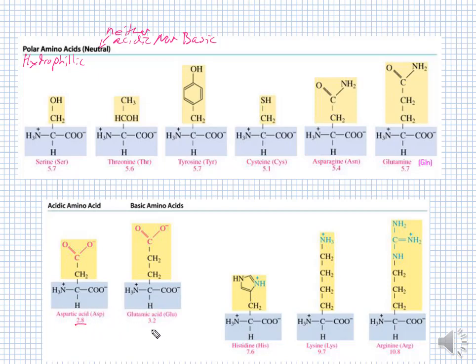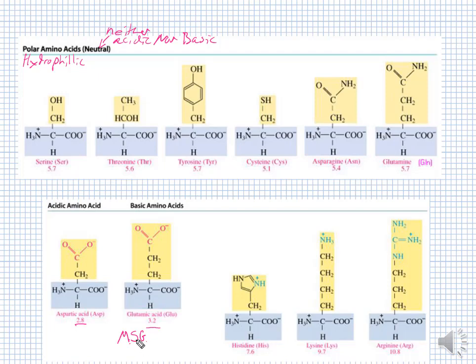We have two of those, aspartic acid and glutamic acid. So essentially for aspartic acid, we have an acetic acid molecule as a side chain. For glutamic acid, we have a propionic or propanoic acid side chain, a 3-carbon acid side chain. And glutamic acid, you might be familiar with MSG or monosodium glutamate.